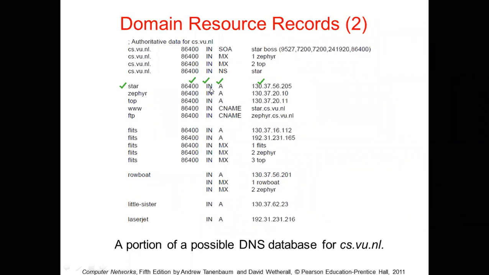What type of record is it? It's an internet record. What is this type? It is A. A stands for IP address. And what is the actual IP address? 130.37.56.205.